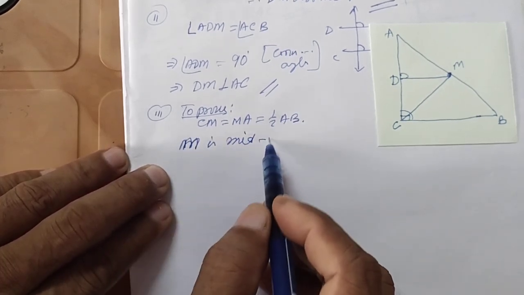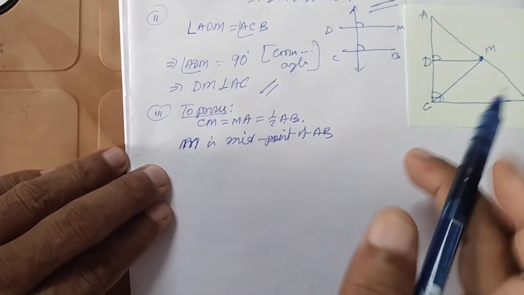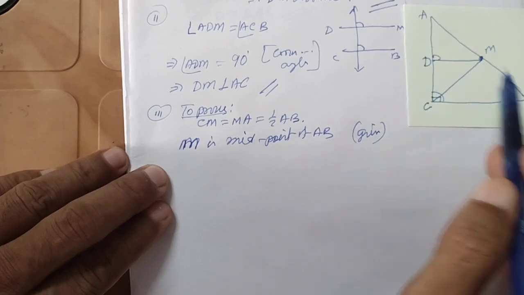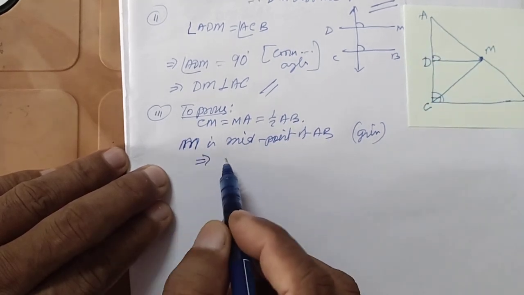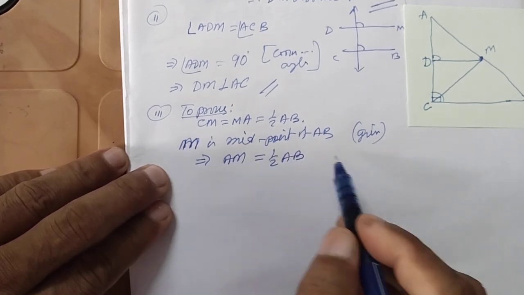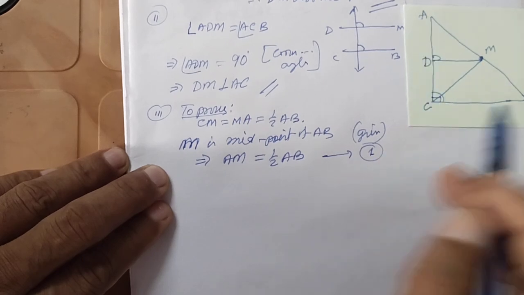So if M is the midpoint of AB, that means AM is half of AB. I can mark it equation number 1. I got AM is half of AB.